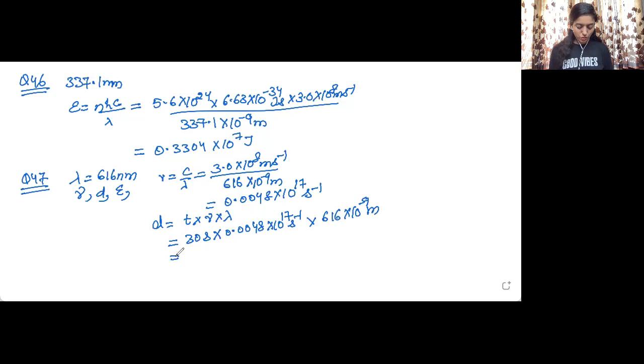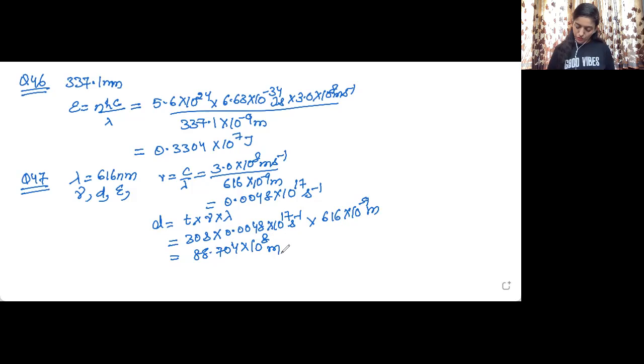So it will come out to be equal to 30 multiplied by 0.0048 multiplied by 616. So it is coming out to be equal to 88.704 into 10 raised to the power 17 minus 9, 8. Okay, 10 raised to the power 8 meter. So this will be the distance covered by that particular quantum in 30 seconds.